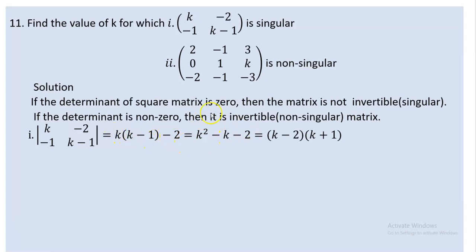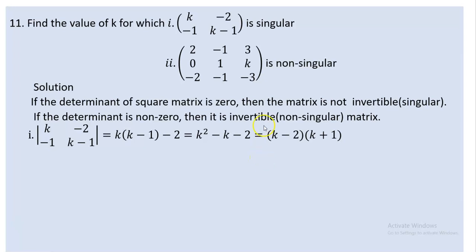Now let's factorize this. Try to think of two numbers whose sum is negative 1 and product is negative 2. Those numbers are minus 2 and 1, so we have the product of k minus 2 and k plus 1. So k minus 2 times k plus 1 makes k squared minus k minus 2.